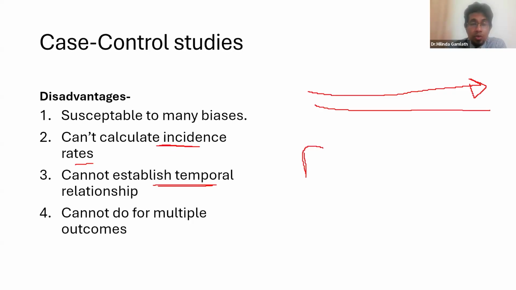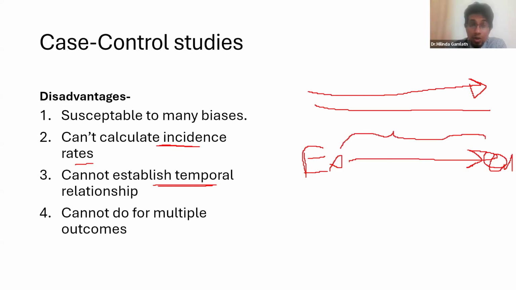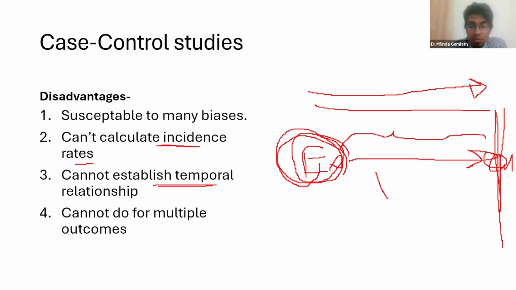So like I said, the temporal association means exposure comes first, then the outcome happens. So if that happens, this is a temporal association. Since you are doing a case control study after the outcome has happened, you don't know whether the exposure happened before the outcome or not. You assume that the exposure happened, but there's no way to verify that the exposure happened before the outcome, because at the time you recruit that person to that study, the exposure and outcome have both happened.